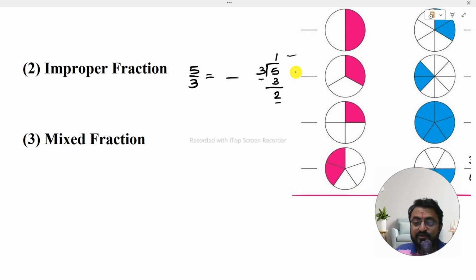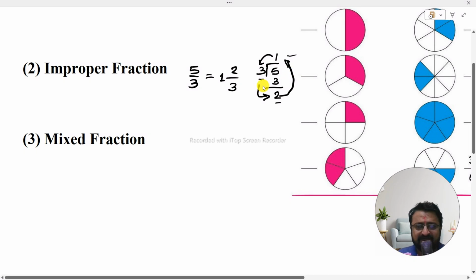Now you just rotate your 3 digits, 3, 2, and 1, in the anti-clockwise direction. 3 will go downside, so write down 3. 2 will go upside, so write down 2 here. And 1 we will write in the mid position. Now the number is converted into a mixed fraction.